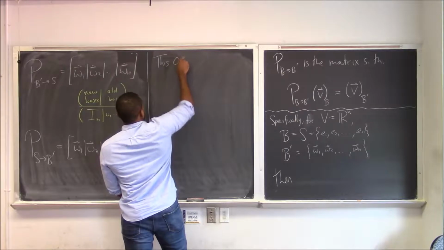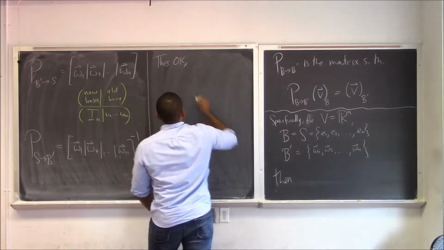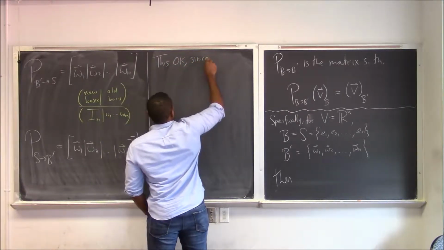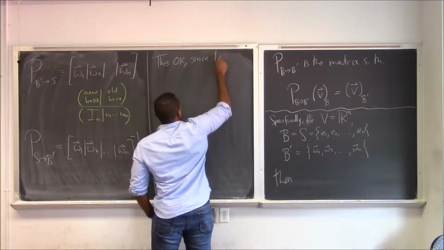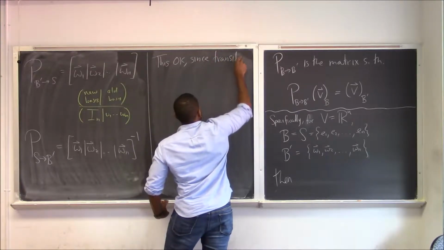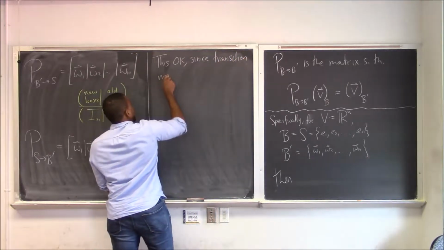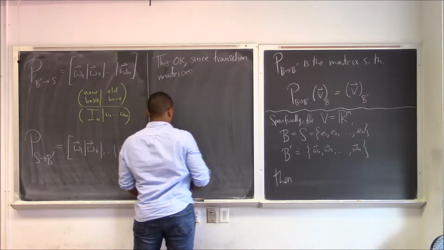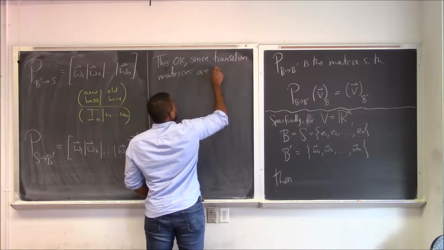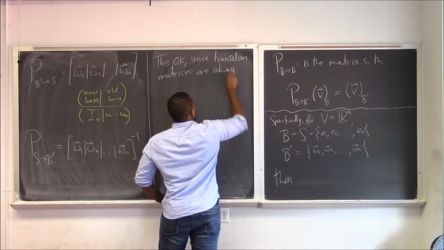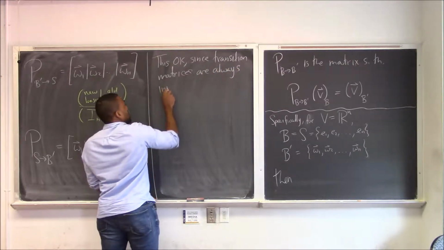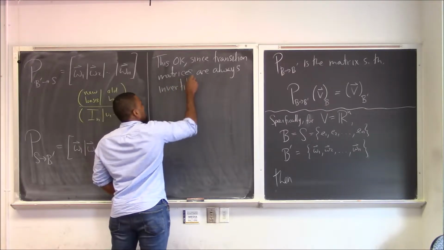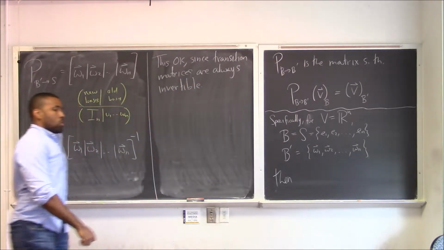And this is okay. And by the way, this is in general, since transition matrices are always invertible. Why?